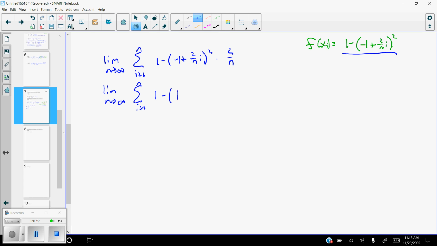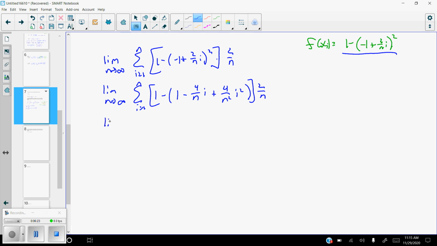Negative 1 times 2 over n times i is negative 2i over n, but if I double that, that's negative 4 over n times i, plus the square of 2 over n times i, which is 4 over n squared times i squared. And then don't forget I've got this 2 over n, which I still have to multiply times the whole thing. I should have put that in a bracket right there.